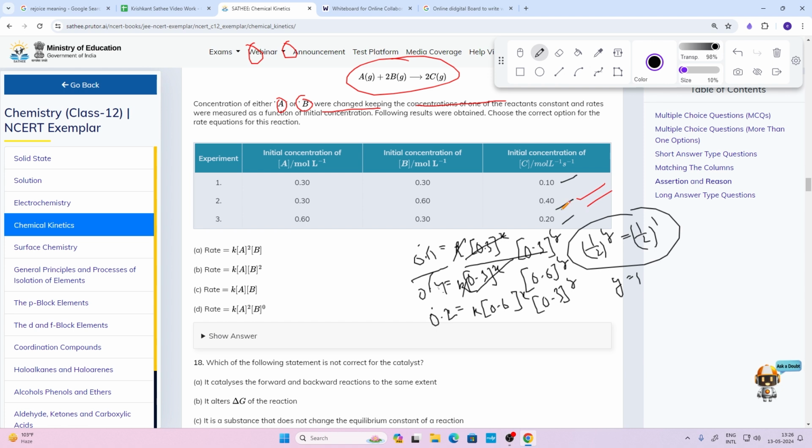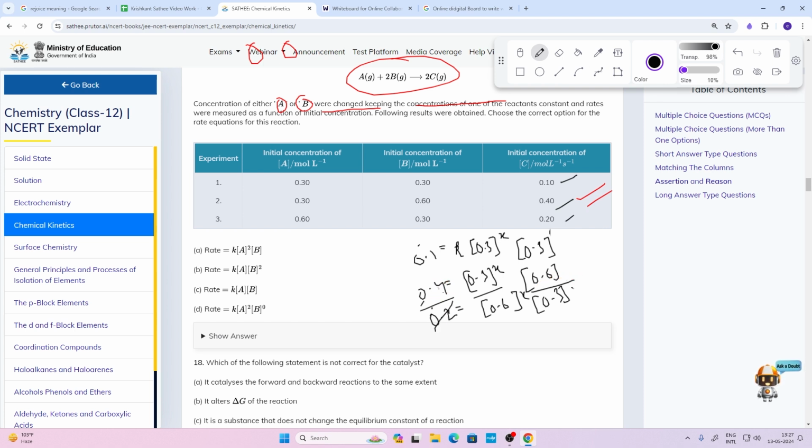Suppose I am taking this one, R2 and R3. So how will it be done? See, we already have a value of y, that is 1. Let me put it 1 here. Now let us divide this.